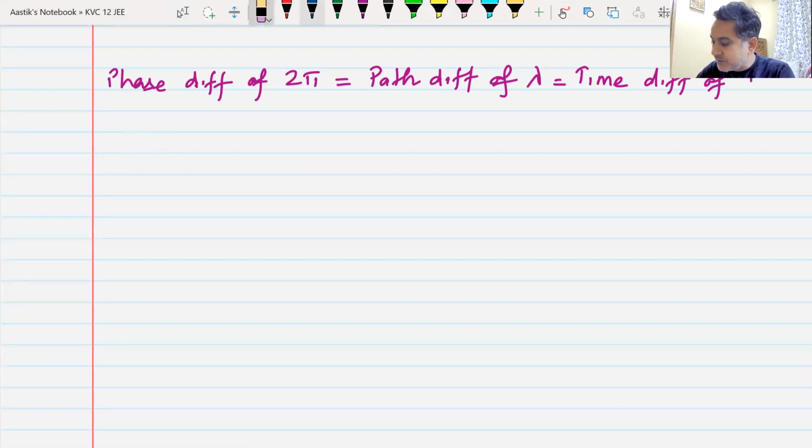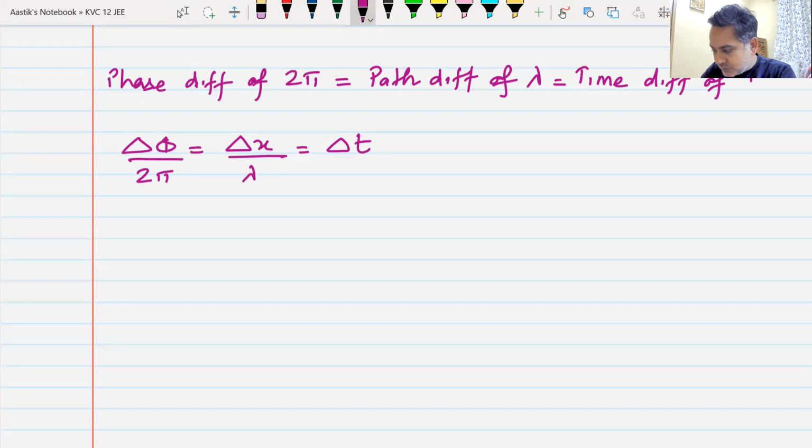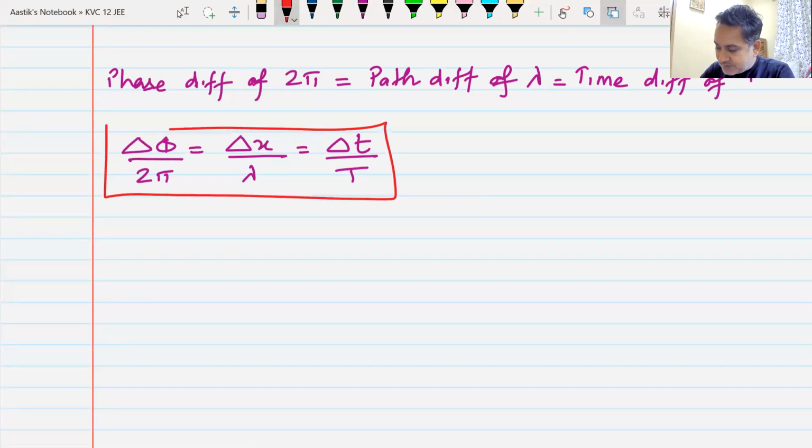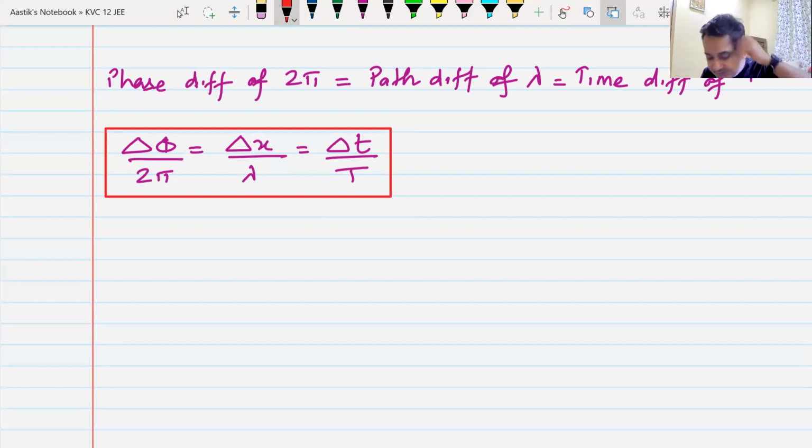Let me write it: phase difference delta phi divided by 2 pi is equal to path difference delta x divided by lambda, which is equal to time difference delta t divided by the time period. This formula helps me convert any phase difference, path difference or time difference into the other quantities.